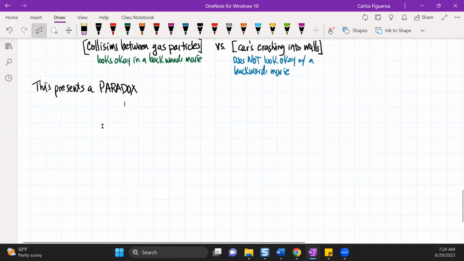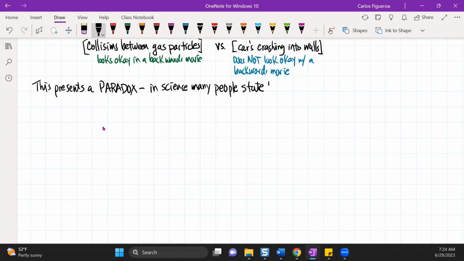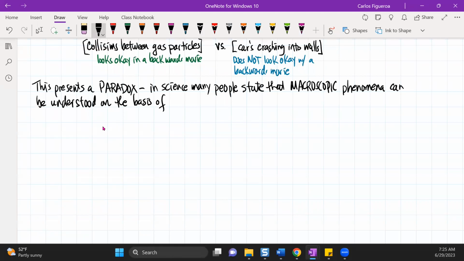And the reason why it presents a paradox is that in science, many people state that macroscopic phenomena can be understood on the basis of molecular motions.